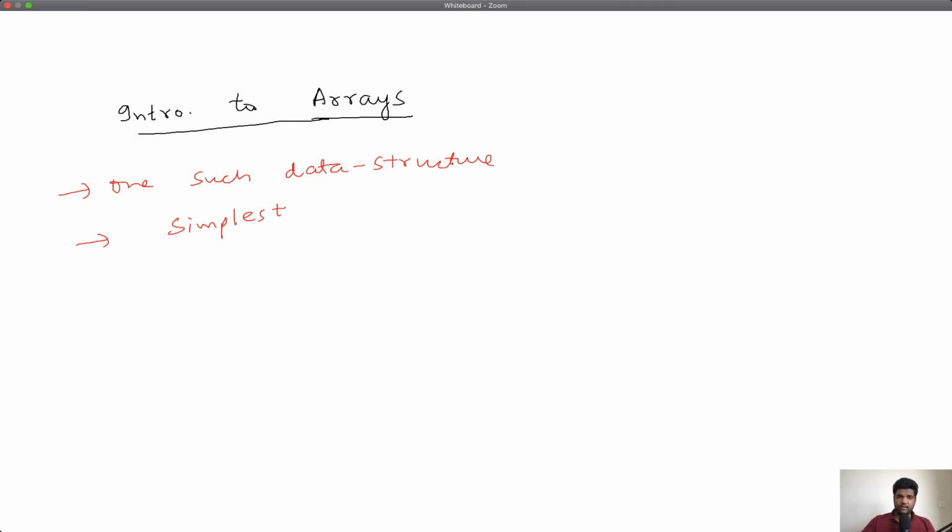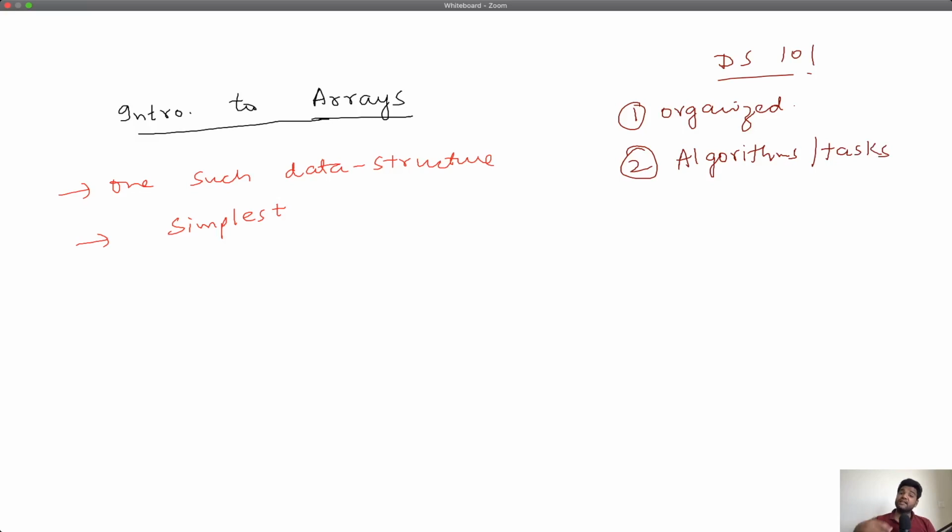Those are the two things that we would generally be concerned about. We would be concerned about what is the structure, how is the data structure organized, and we would also be looking at how some of the common algorithms or some of the common tasks can be performed if you are using that particular data structure to manage your data or to store your data.